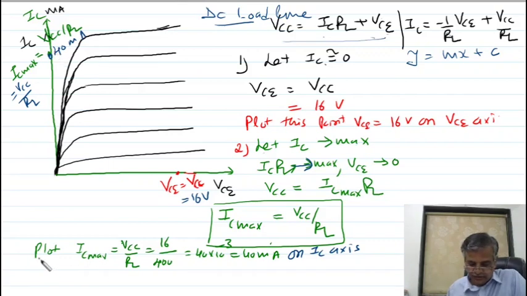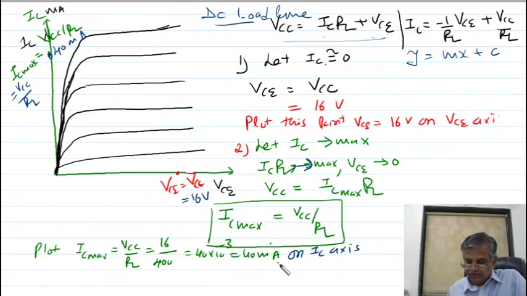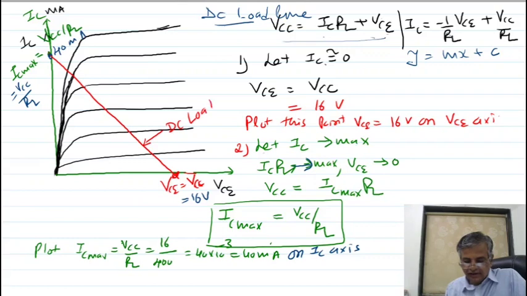Here VCC is 16 volt and RL is 400 ohm, so the maximum current is 40 milliampere. I have drawn 40 milliampere. Joining these two points, the line joining them is called the DC load line.